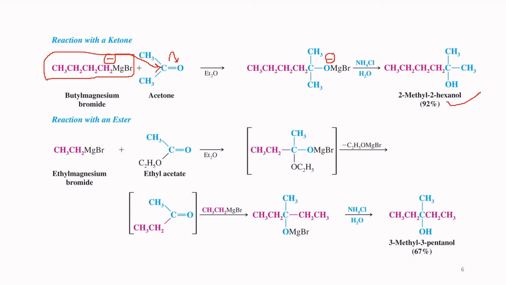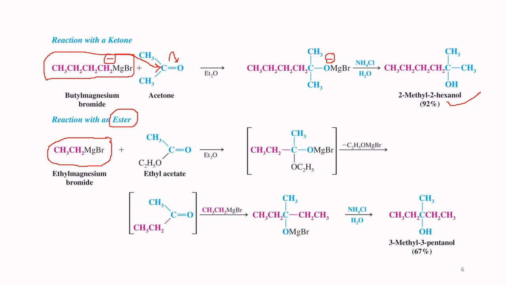The next reaction is when we have a Grignard reagent react with an ester. Note that the difference between the reaction with a ketone and an ester lies in the molar equivalents of Grignard reagent used. In this case, we are going to use two molar equivalents of Grignard reagent.